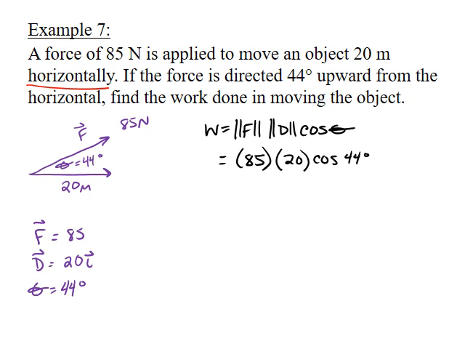Now, we're going to have to label this. 85 is newtons, 20 is meters, so our final answer is going to be Newton meters. Multiplying this all out, we find that the work is equal to 1,223 Newton meters. And that's the final answer.